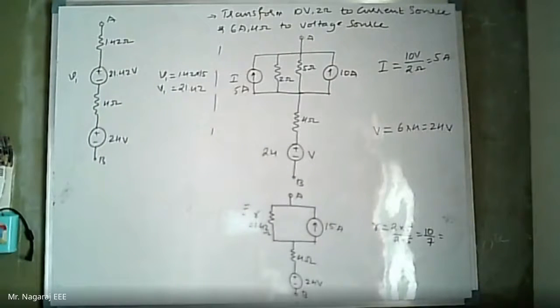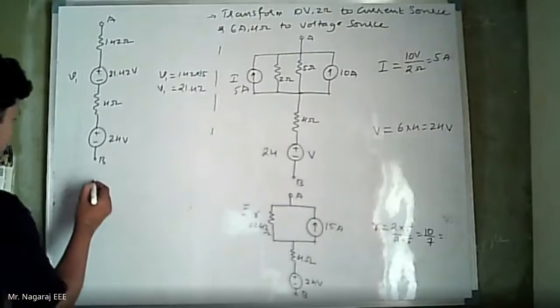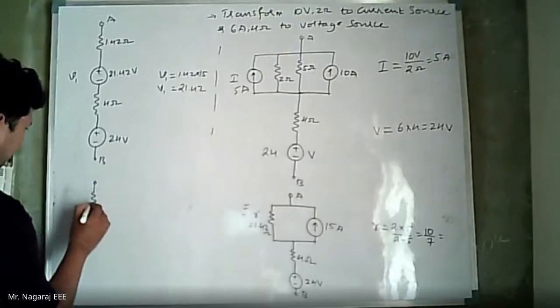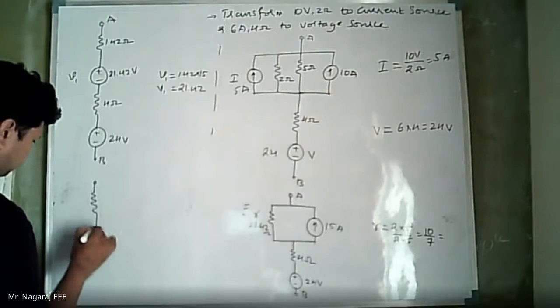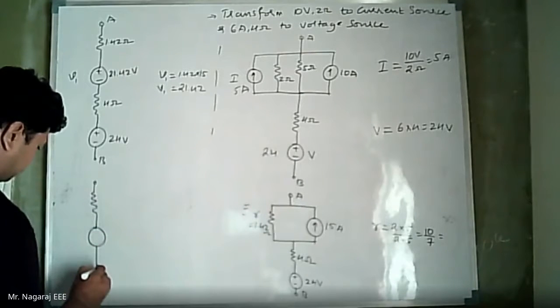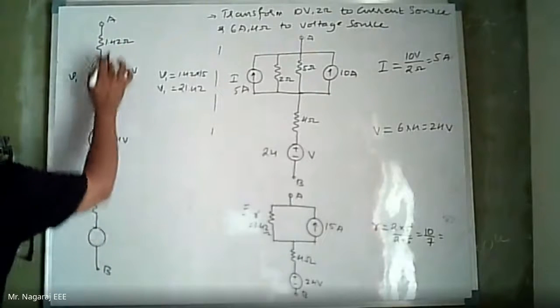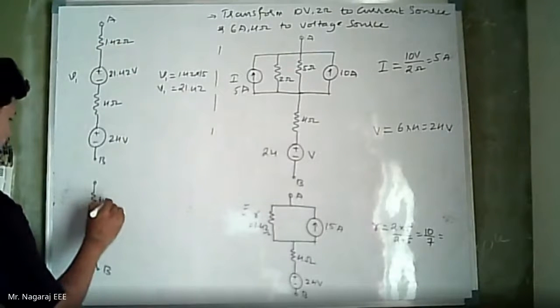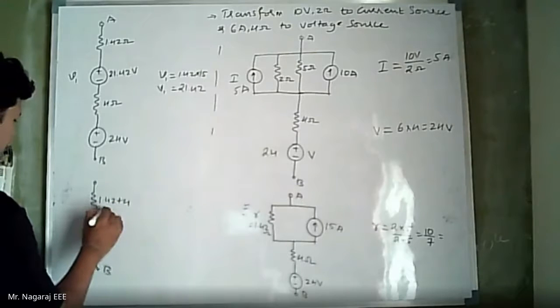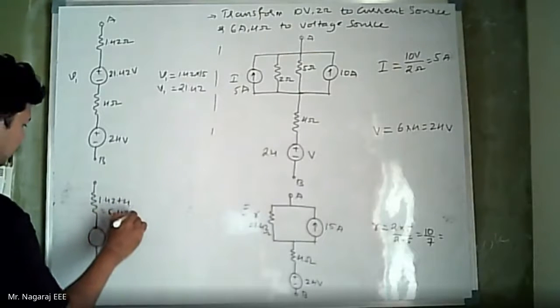Now you can observe there are two voltage sources in series and two resistances in series. So the equivalent circuit will be two resistances 1.42 plus 4. So that is 5.42 ohms.